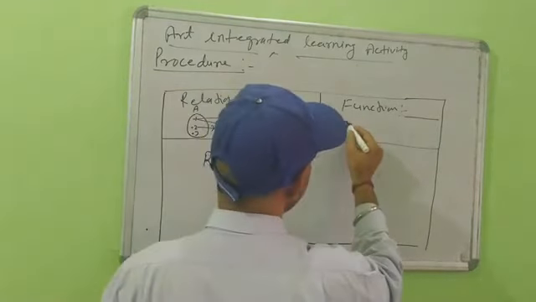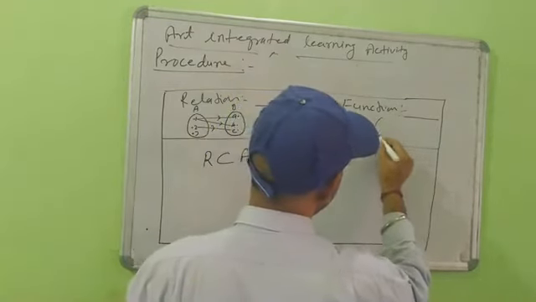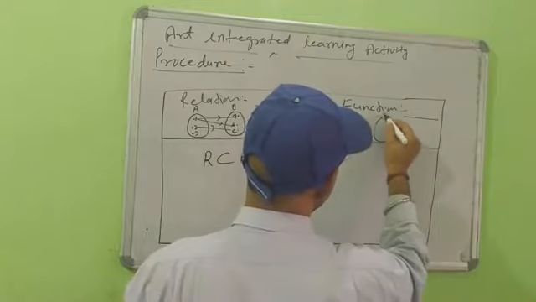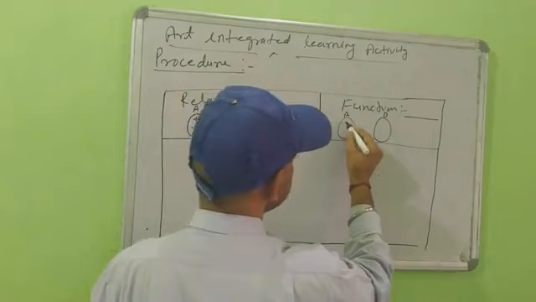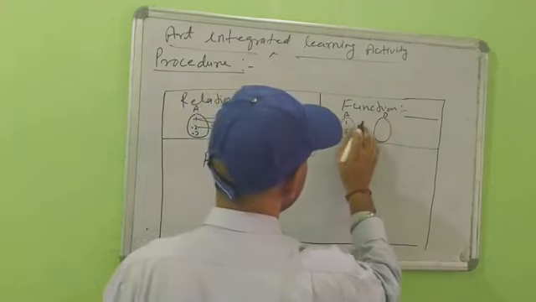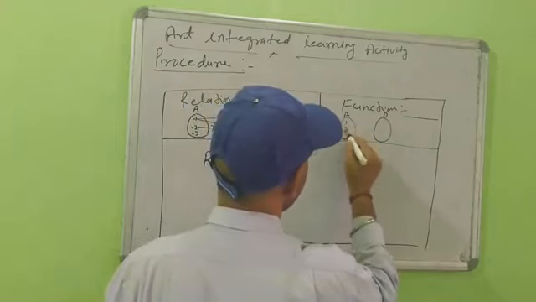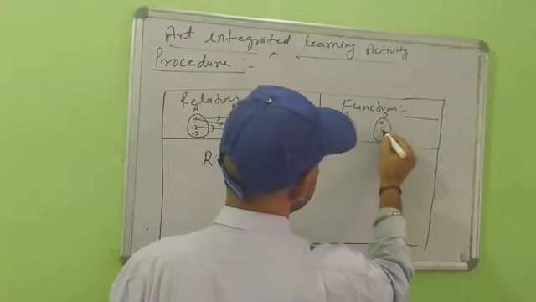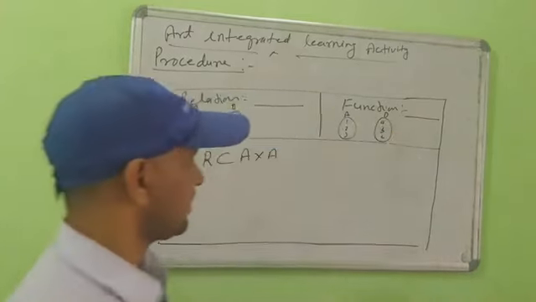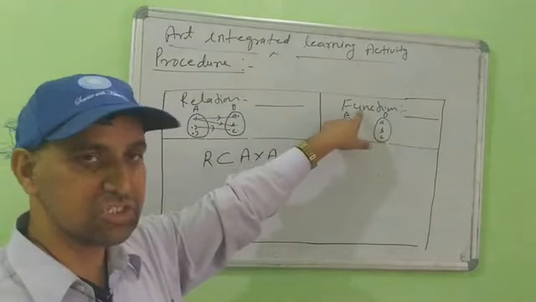Then in the same way you will make the domain and codomain here, A and B, in this part. Then you will use the same thing here, 1, 2, 3, or you can write A, B, C. This does not matter. But a special type of relation is called the function.